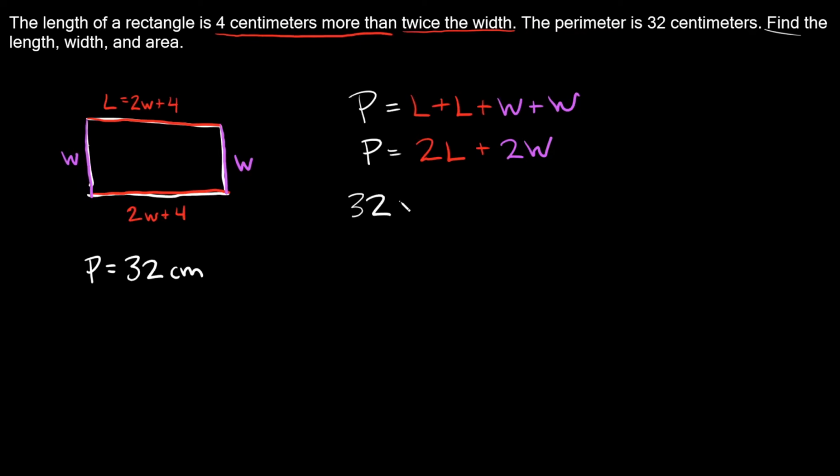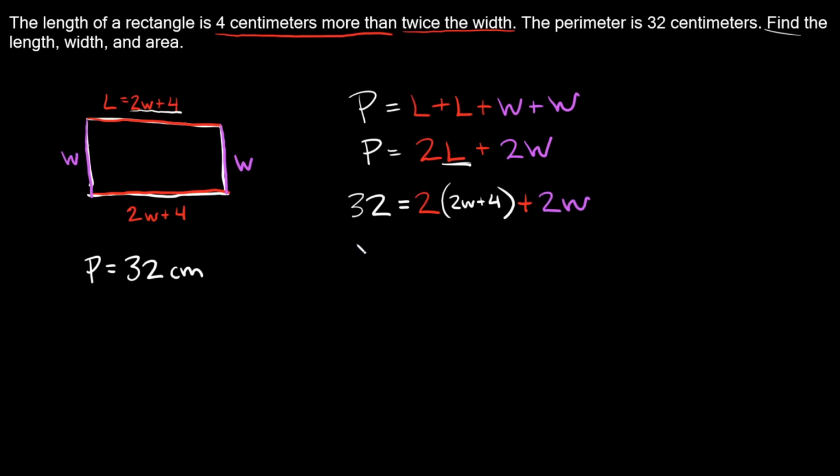So 32 is equal to 2 times the length. And the length, well, we don't know what the length is, right? But we do know what it is in terms of the width, right? We found this little formula for the length, 2w plus 4. So the length, I'm gonna write as 2w plus 4. Okay, and then we're adding that to 2w.